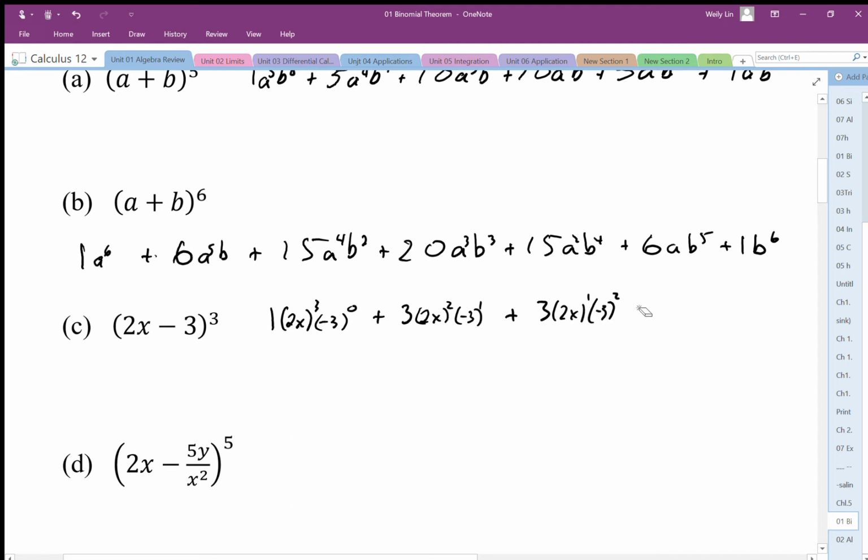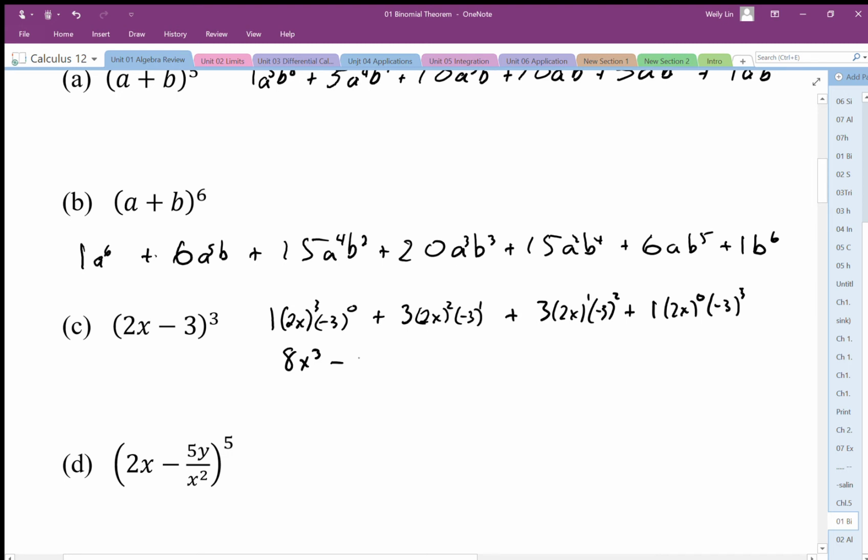And just going to move that over a little bit, plus my coefficient is 1. It's going to be (2x) to the power 0, negative 3 cubed. Okay, and then I just simplify this expression. So this becomes 8x cubed plus, this is going to be 2 squared times 3 times negative 3, so that's going to be negative 36.